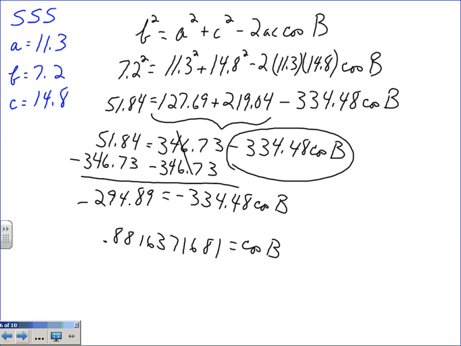Now we found angle B. Angle B is 28.2 degrees. Now what do we do? Law of sines. Now we use the law of sines to find the other two angles. Actually, we just need to find one other angle, because then the third one we can subtract from 180.